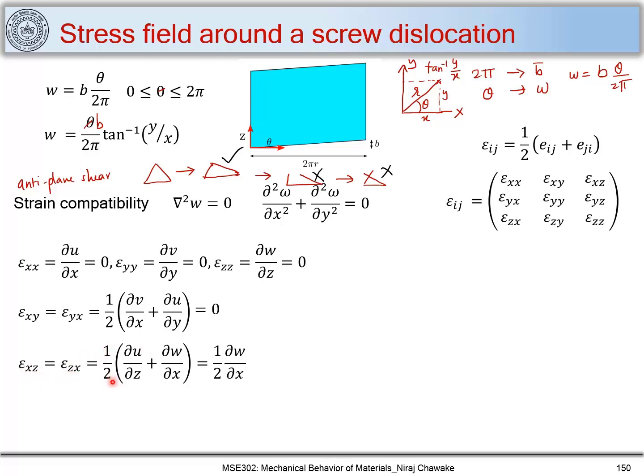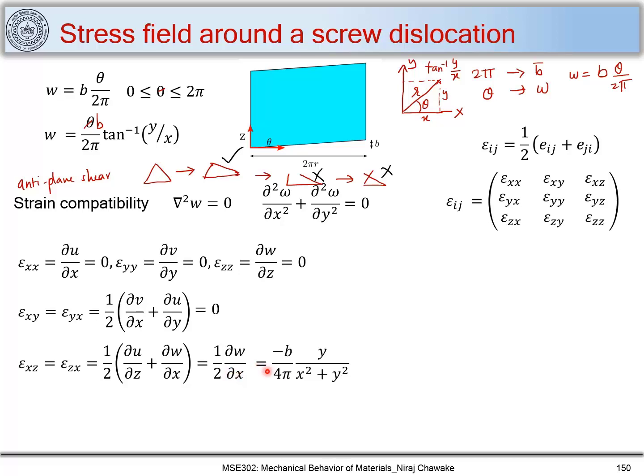I can write it as half del u upon del z plus del w upon del x, and I can say that u is not a function of z, and u itself is 0. So this term will be 0, and what you are left with is half del w upon del x.